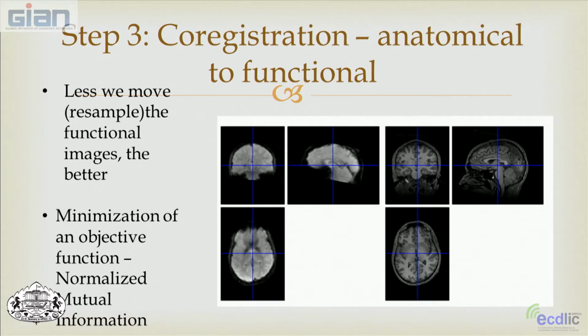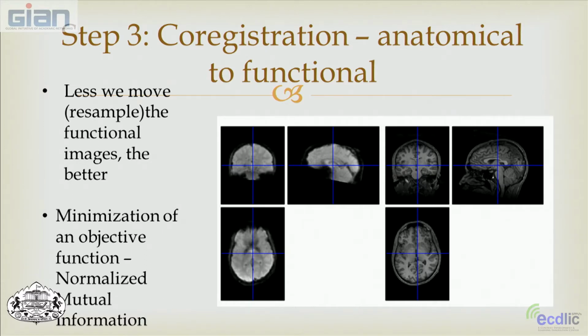The next step is anatomical to functional registration. When we do this, we generally take the mean functional image, which you can see here on the left, and we line up the anatomical image to this functional image.